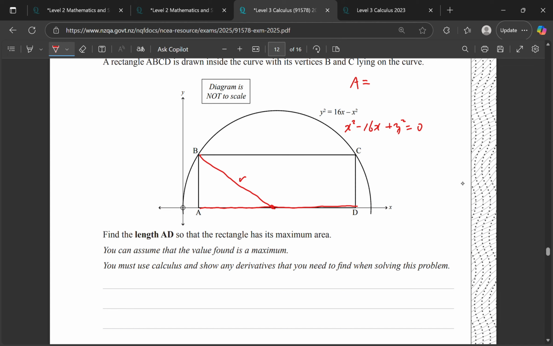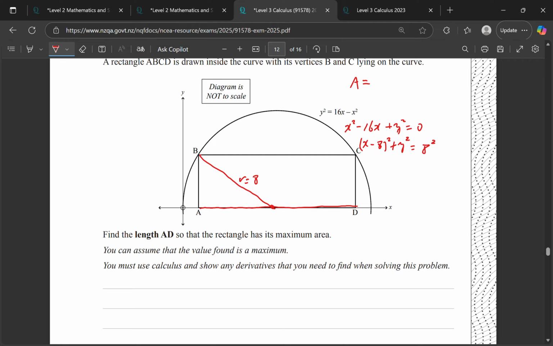So we use completing the square: x minus 8 squared plus y squared equals 8 squared, because when you expand x minus 8 squared, that becomes x squared minus 16x plus 64. You have to do the same on your right hand side. So it turns out r equals 8.